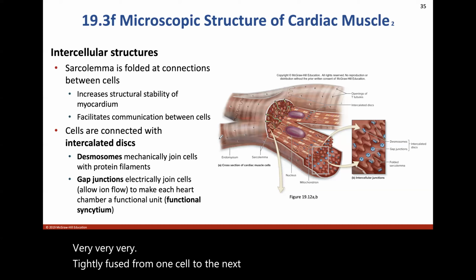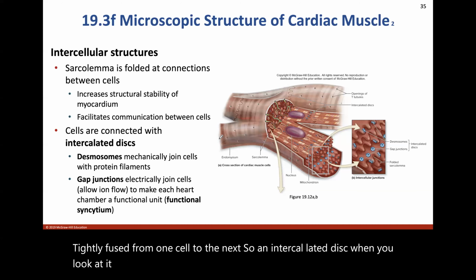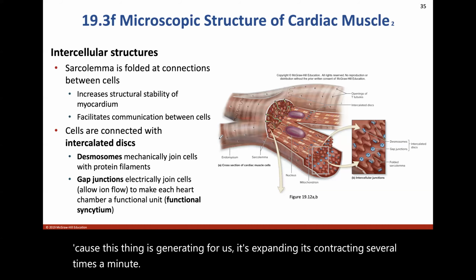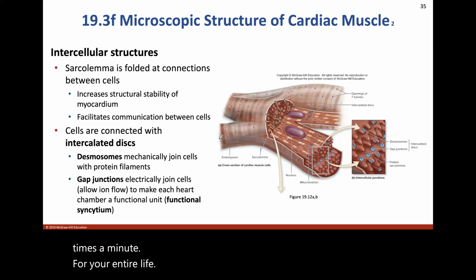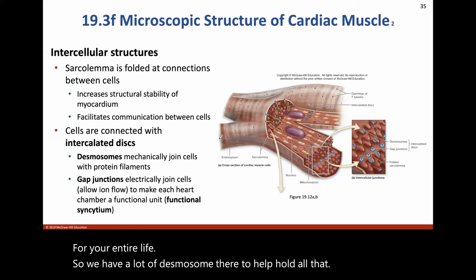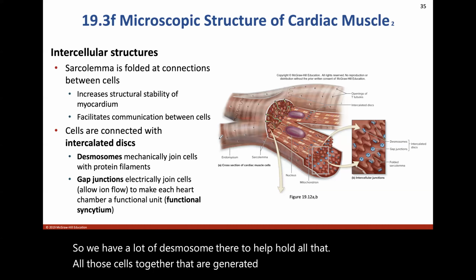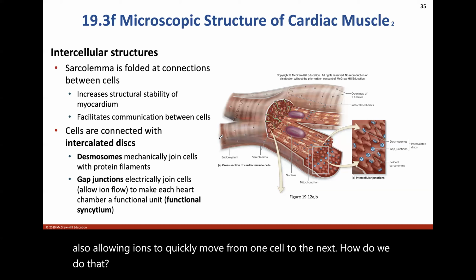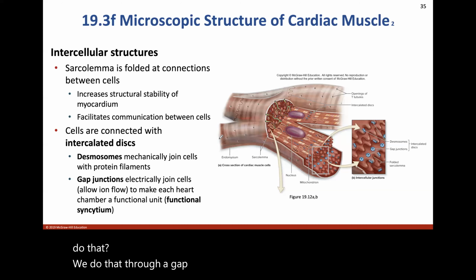So an intercalated disc is both a desmosome, because this thing is generating force, expanding and contracting several times a minute for your entire life. So we have a lot of desmosomes there to help hold all those cells together that are generating a lot of mechanical action. And it's also allowing ions to quickly move from one cell to the next. How do we do that? We do that through a gap junction. And that's how that electricity is going to flow through this thing.